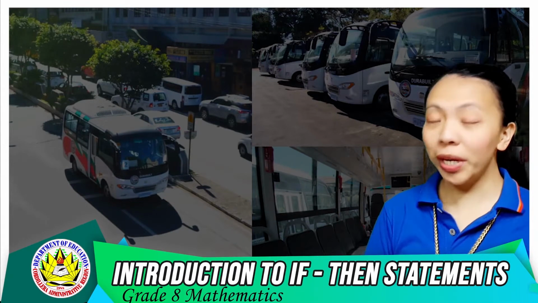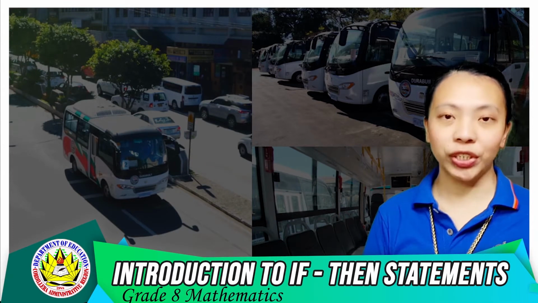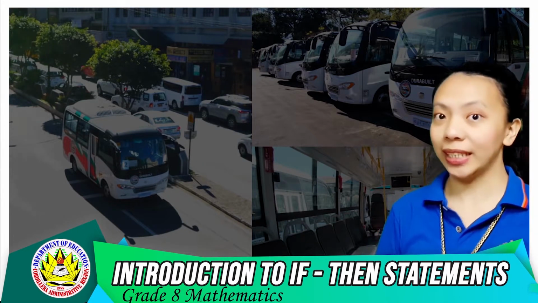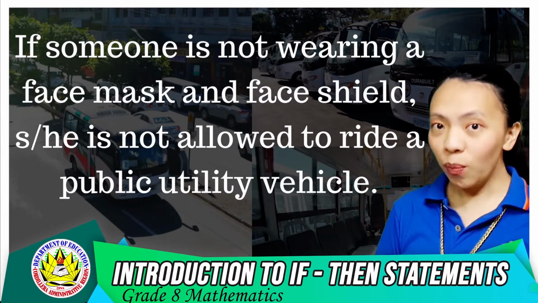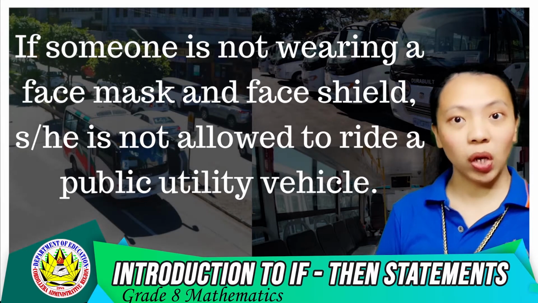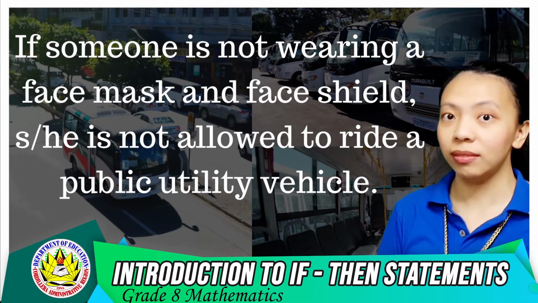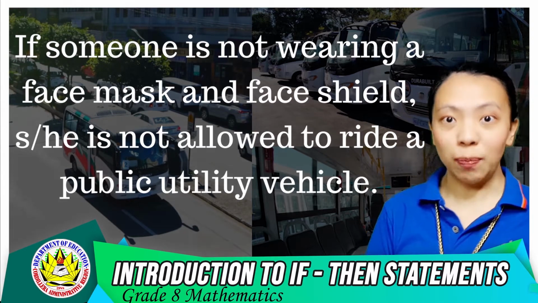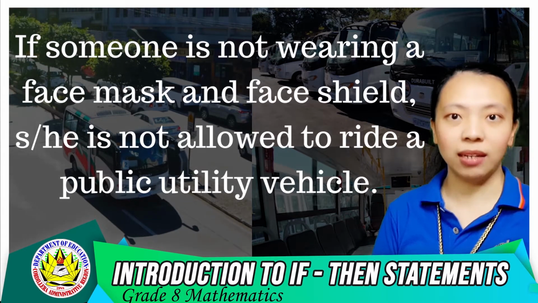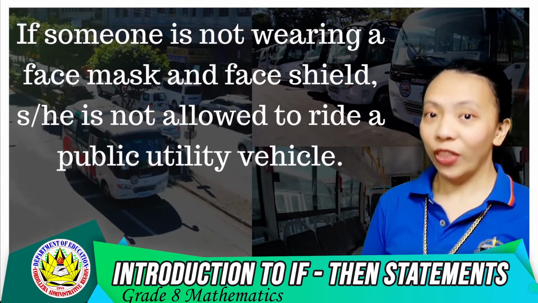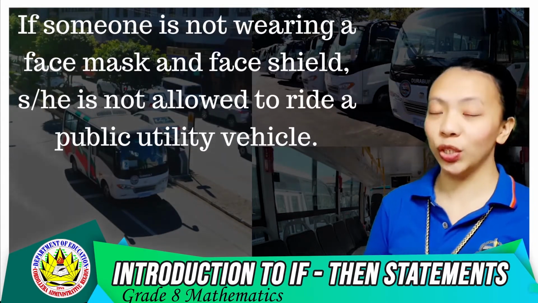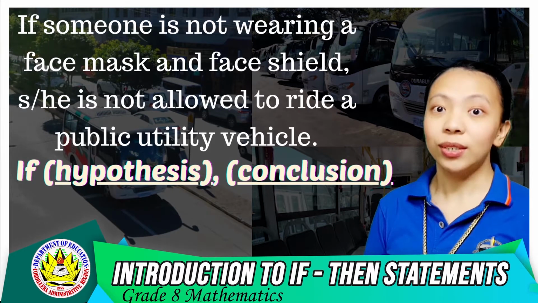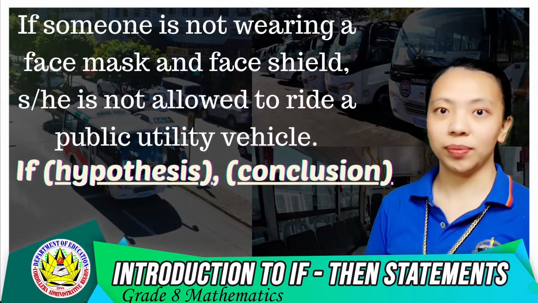Let's study more examples of conditional sentences in different forms. Let's have the first one. If someone is not wearing his or her face mask and face shield, he is not allowed to ride a public utility vehicle. This conditional sentence is in the form if hypothesis followed by the conclusion.